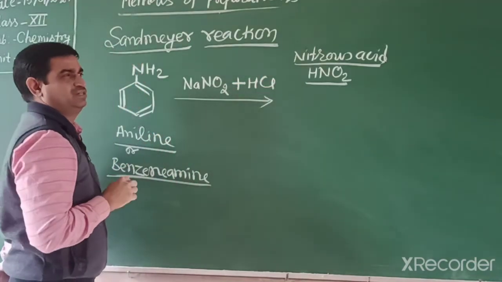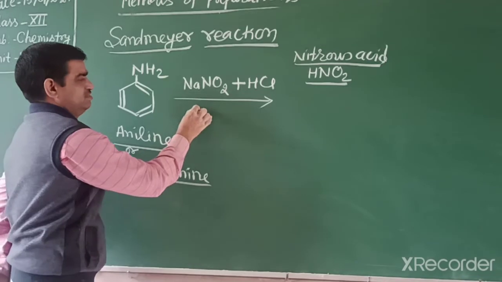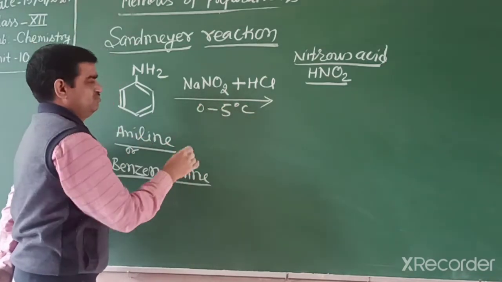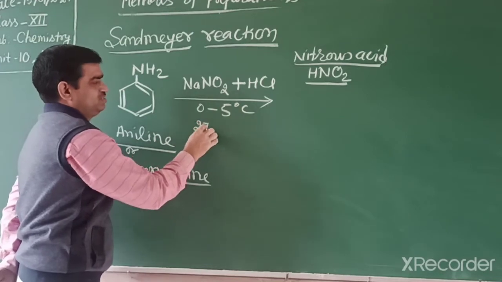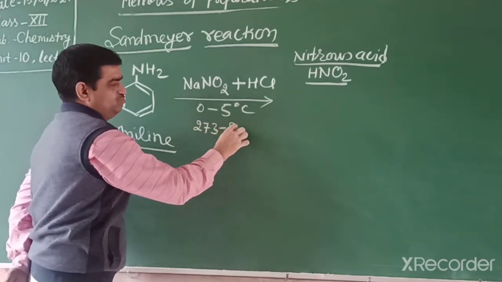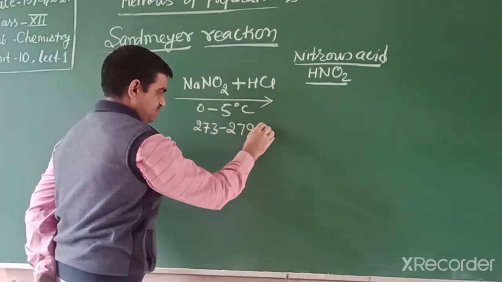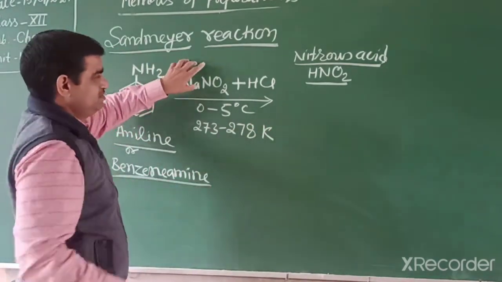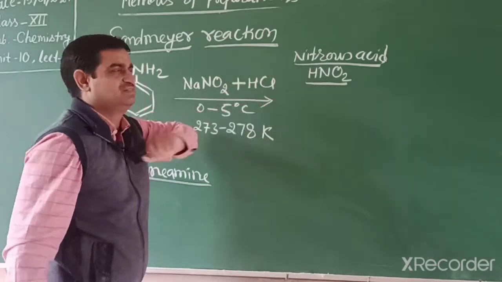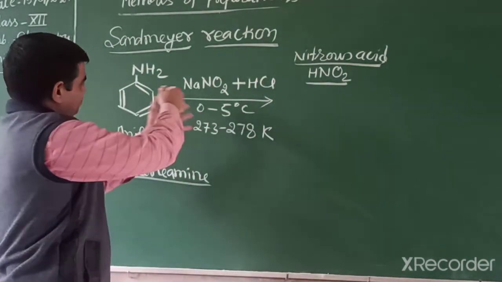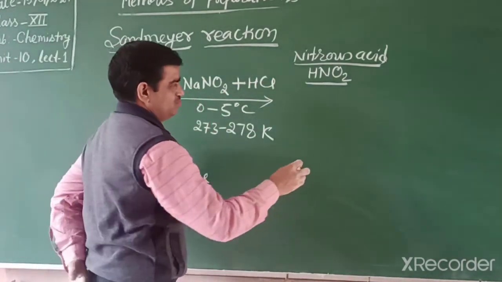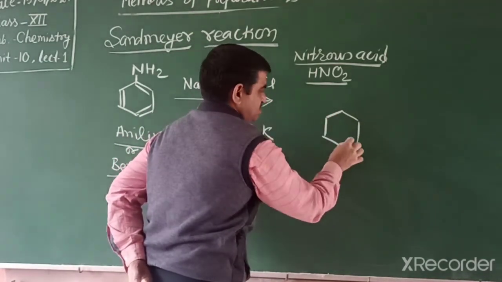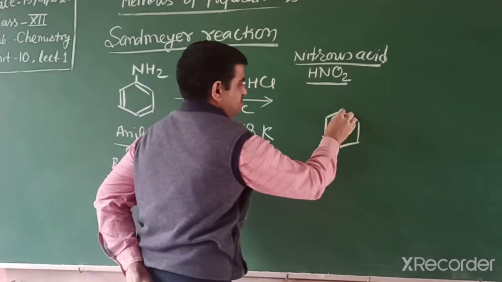And this reaction requires a freezing mixture, 0 to 5 degrees Celsius, or we can say 273 to 278 Kelvin temperature, means freezing mixture. By this reaction we get nitrous acid, and the compound converts into a diazonium salt, known as benzene diazonium salt.